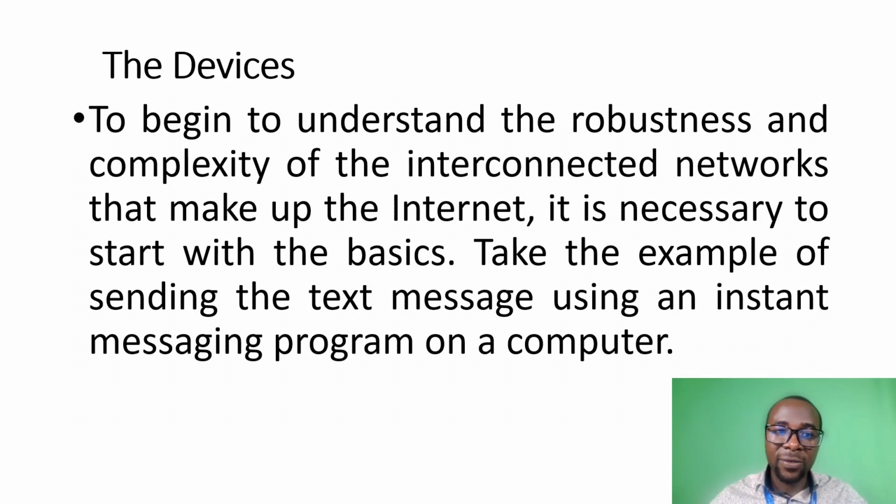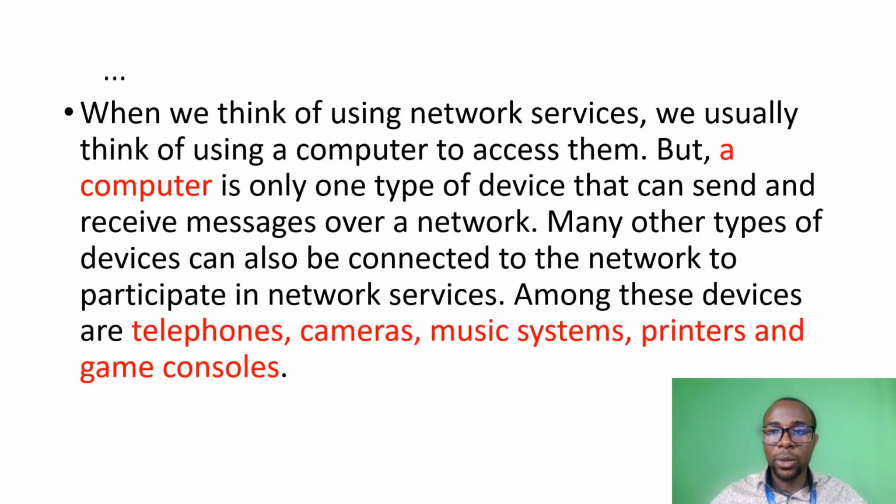Then we have device. After having a message, we should have a device, to begin to understand the robustness and complexity of the interconnected network that makes up the internet. Among devices, we have computer, telephone, camera, music system, printer, game console, and also the router and switch.